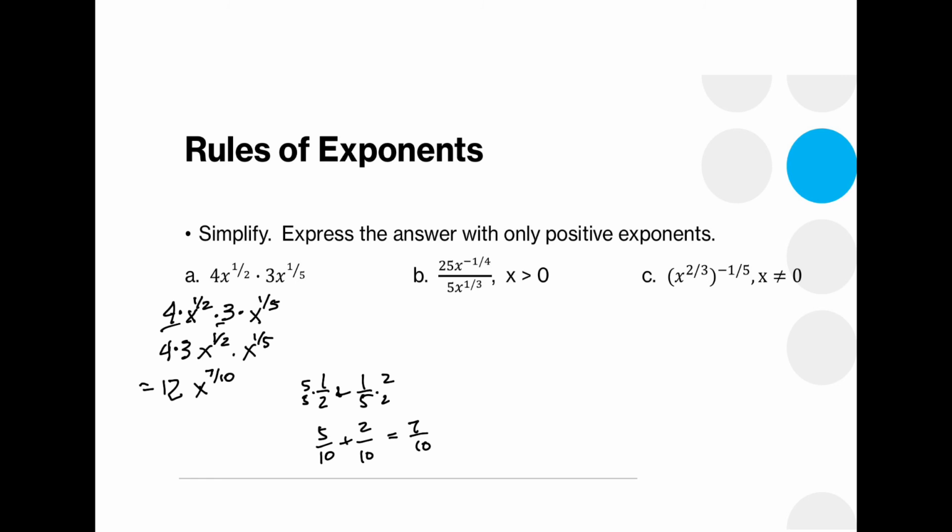And that being the case, if I were to rewrite this in terms of radicals, this would be 12 times the 10th root of x to the 7. Now, which one is more presentable? Which one is easier or more simple?